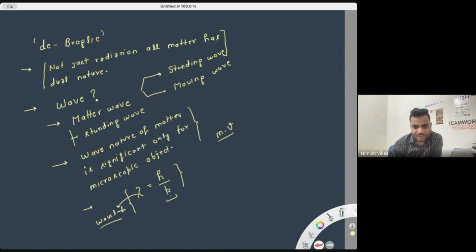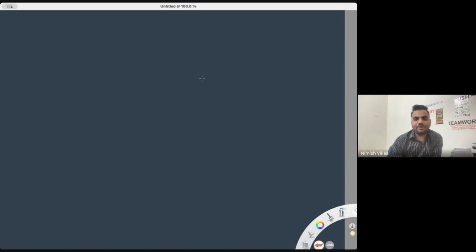But if you put it into the equation, you will get to know how insignificant it is for a larger object. For example, if I take a cricket ball, let's say the cricket ball is of 1 kilogram, and then there is a bowler who is throwing it at 180 kilometer per hour.